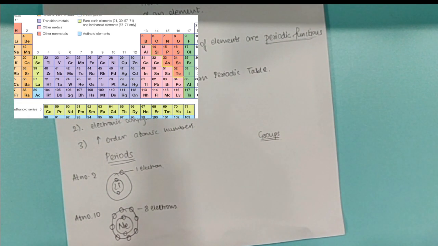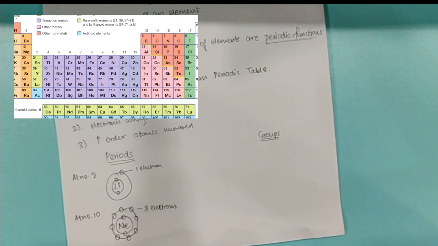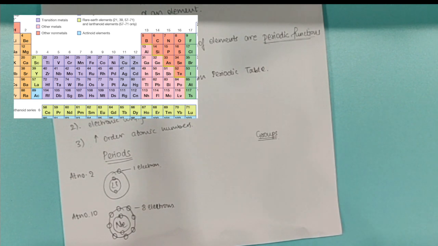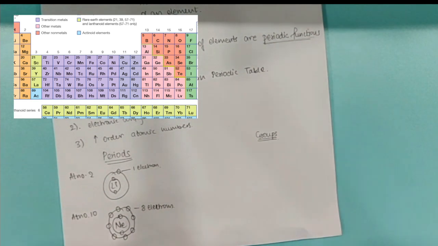Thus, in the periods, a transition from metallic to non-metallic character is seen across a period. For example, on the leftmost side, we have lithium and beryllium as metals, and when we come to the right side, we have boron, carbon, nitrogen, oxygen, fluorine, neon as non-metals, out of which fluorine is a halogen and neon is a noble gas.